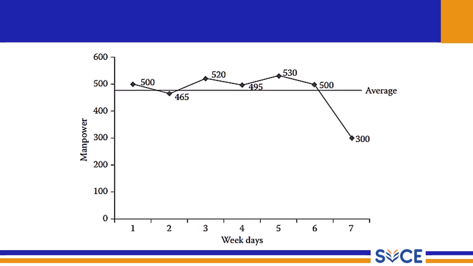Okay, so you can see here it is a graph drawn between manpower and weekdays. The line has been drawn, the data has been drawn like this. The average, the mean value, is drawn like this. So from this we can see that this particular 300 value is very much different, with more variance from the average when compared to other data.